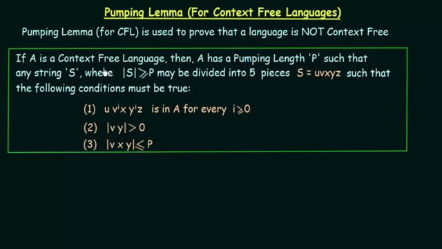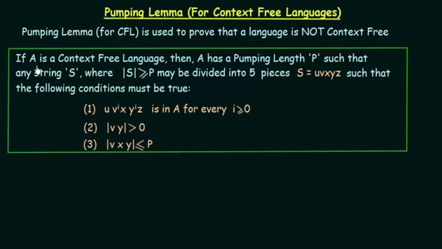If A is a context-free language, then A has a pumping length P such that any string S where the length of S is greater than or equal to P may be divided into 5 pieces, S equal to UVXYZ, such that the following conditions must be true.